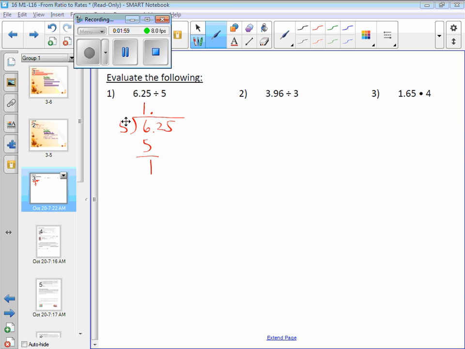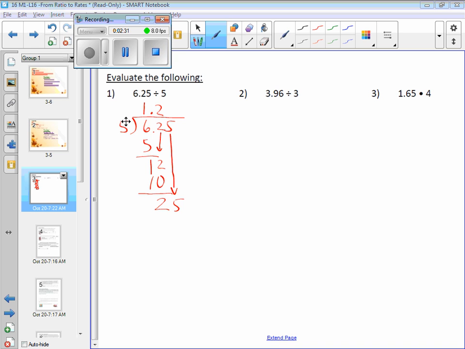Okay, so I got to bring down the 2, right? Same thing. 5 goes into 12 at least 2 times. Notice, if I bring down the 2, my 2 times has to go right above that 2. Everything has to be lined up properly. 5 times 2 is? Good. Am I done? No. Bring down the 5.